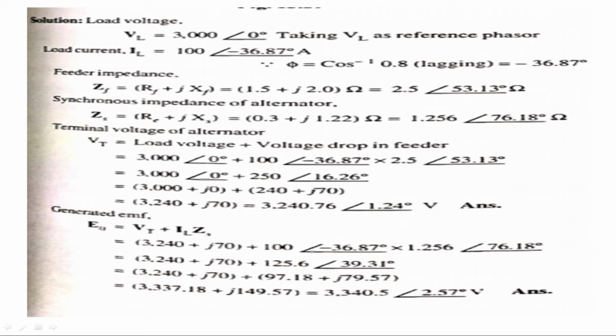Always remember, addition and subtraction are done in rectangular form, multiplication and division in polar form. So after the addition in rectangular form, we get 3337.18 plus j149.57, that is 3340.5 angle 2.57 degrees volts.